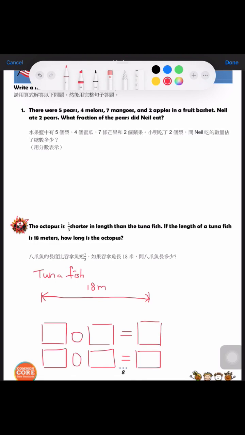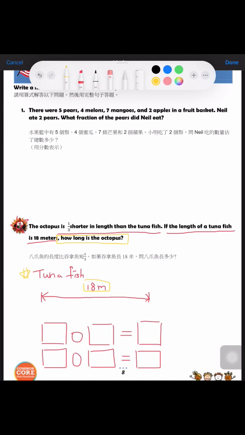The octopus is 1/3 shorter in length than the tuna fish. If the length of a tuna fish is 18 meters, how long is the octopus? Okay, in the question, we know that the length of a tuna fish is 18 meters.